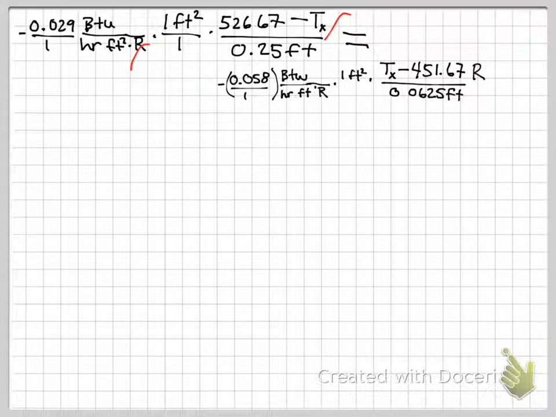I'm so sorry, this is a foot, not a foot squared. Feet squared and Rankine cancel out, and we're left with BTUs per hour, which is a rate of Q dot, a heat transfer rate, equal to BTUs per hour.